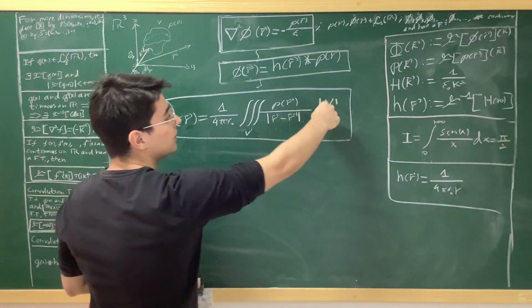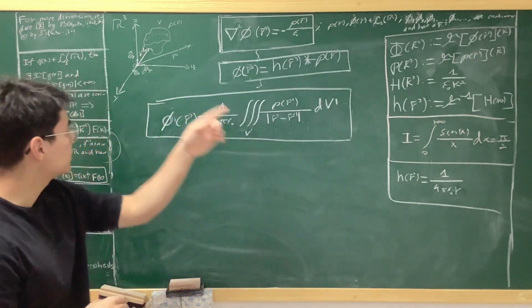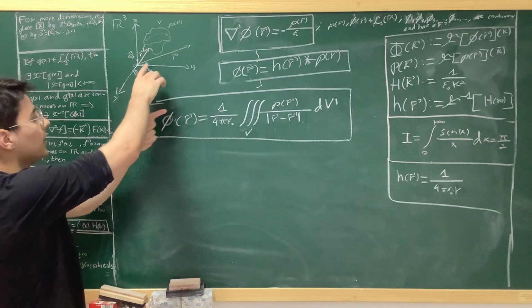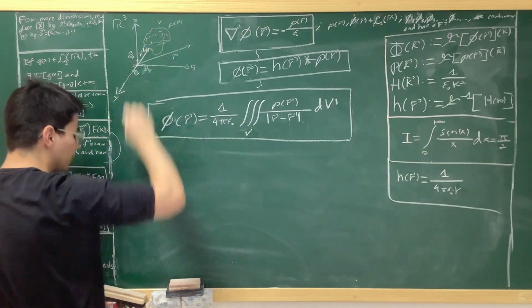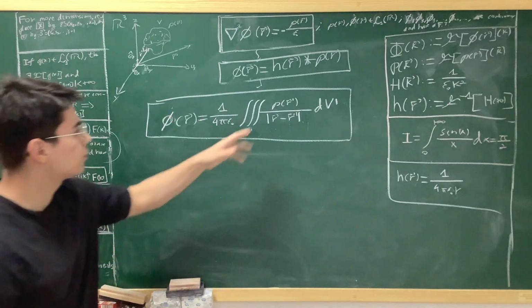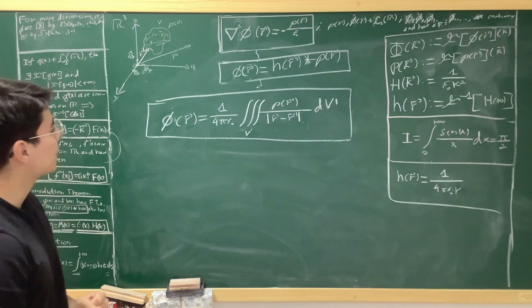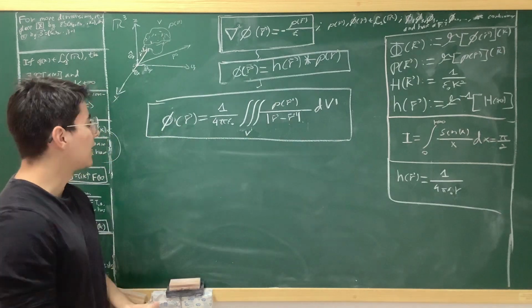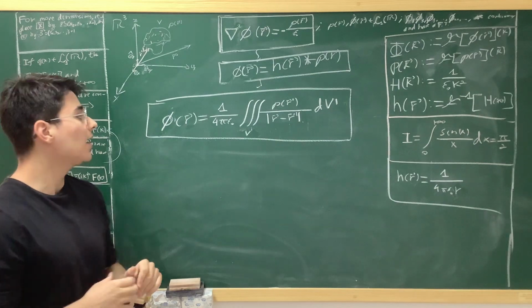So that's why we're integrating along this V prime. So r is a fixed point here, but r prime moves over all the points in this volume, and on those points we have to evaluate this integral. Well, yeah, that would be the problem. This is the solution. I think it's a really nice approach to this potential formula.